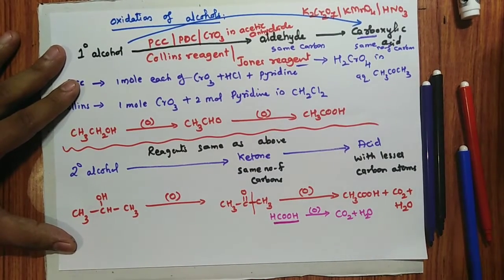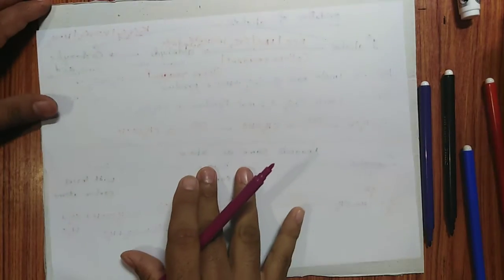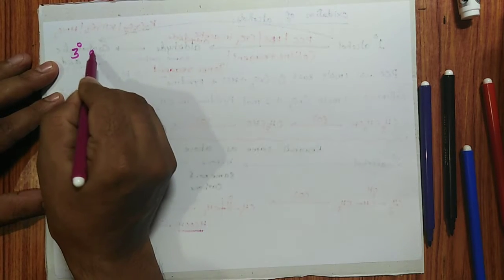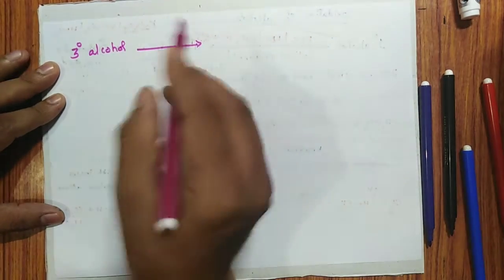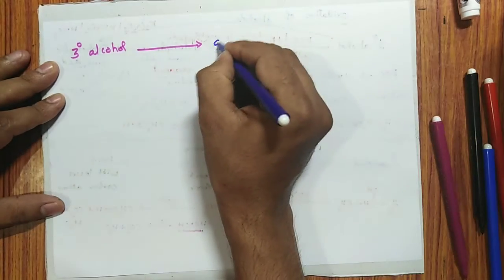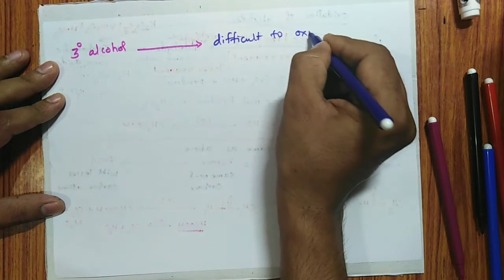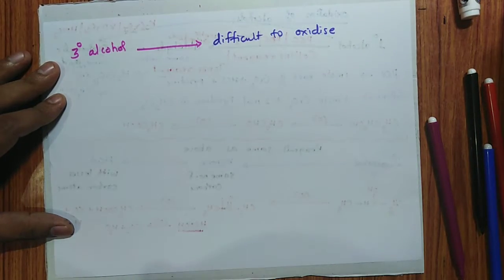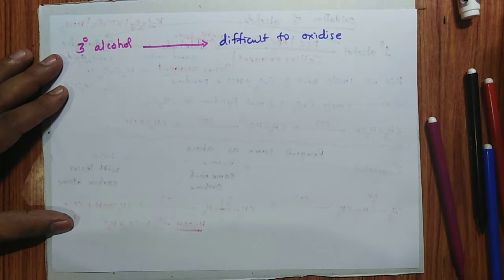Now what will we do? We will see tertiary alcohol. Very important. Now, tertiary alcohol, if I consider, first of all, the very important point is that it is difficult to oxidize. So with normal mild oxidizing agents like PCC, PDC, it is very, very difficult to oxidize.